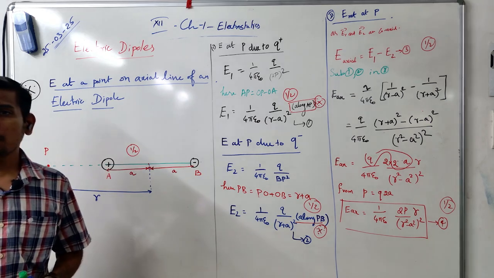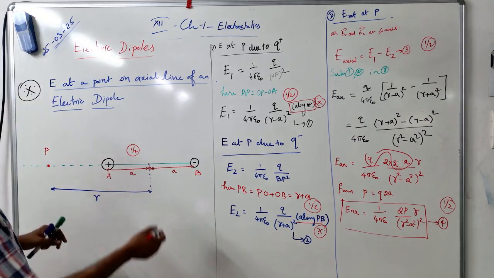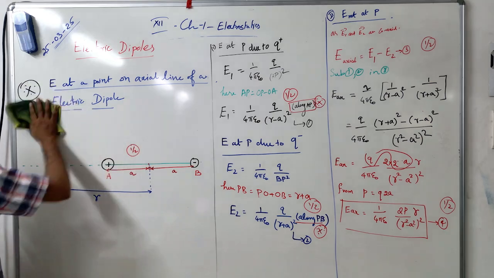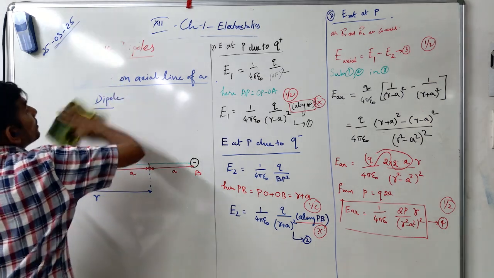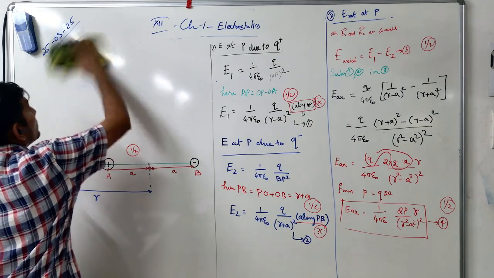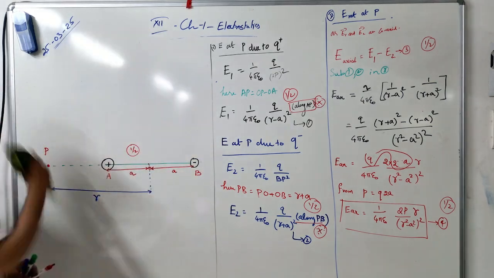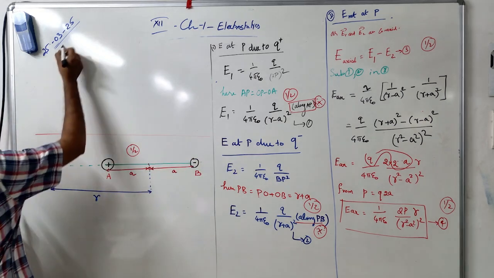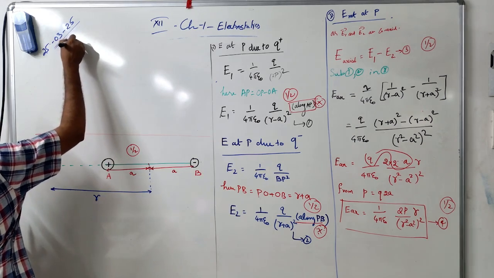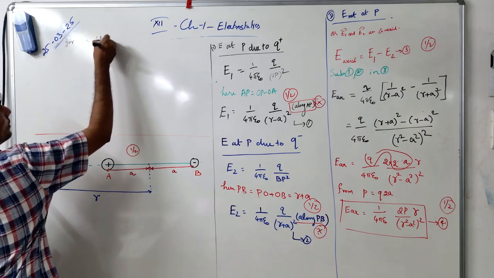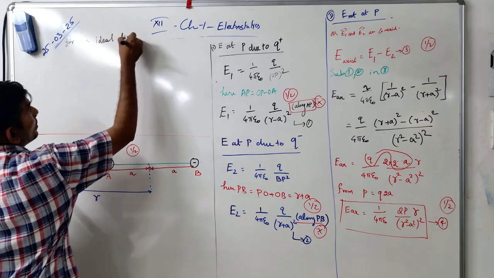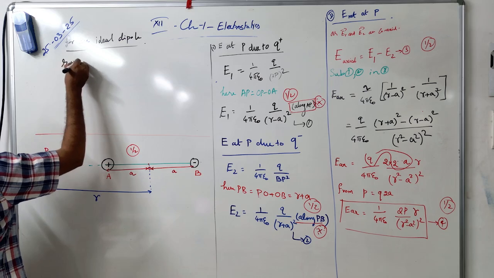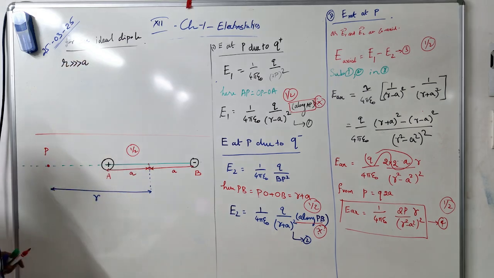So the special case condition, can I write here, children? For an ideal dipole, r is much greater than a.